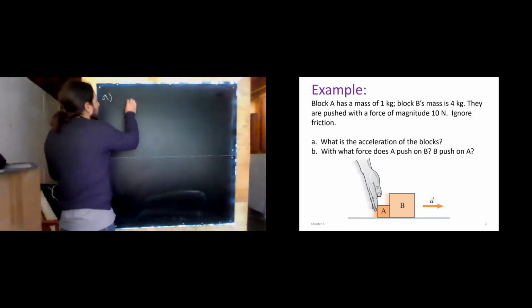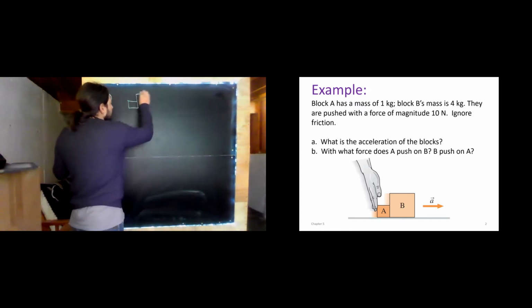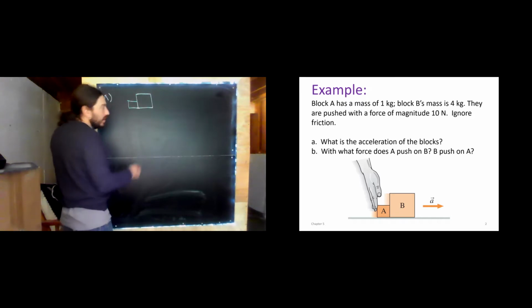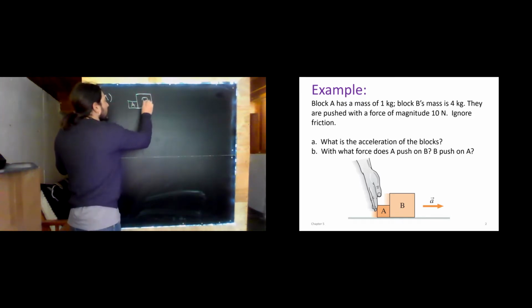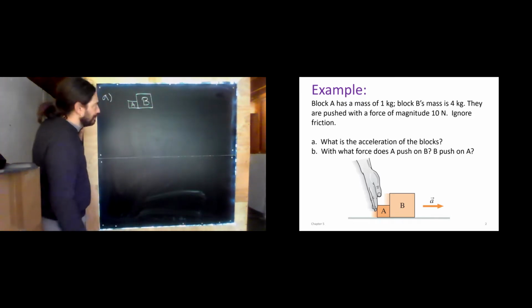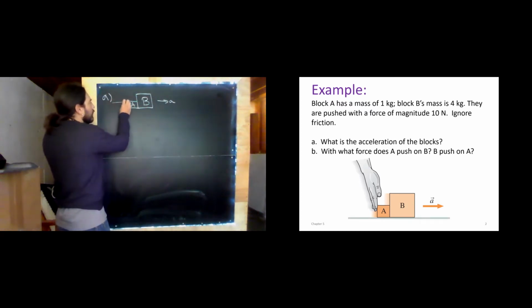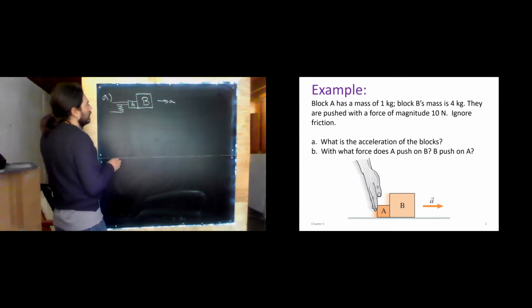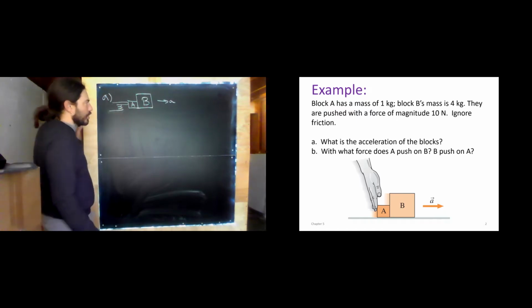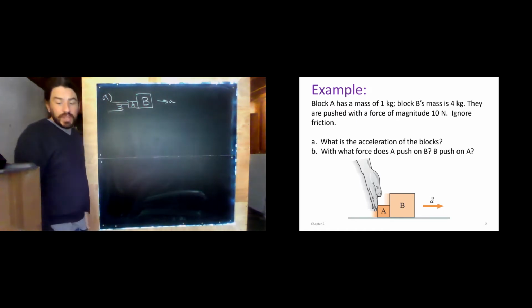First, we should probably draw ourselves a picture. There's a nice picture. Block A, block B, and I am giving them a push. That hand has too many fingers. There we go. Okay, giving them a push. Okay, there is my picture.